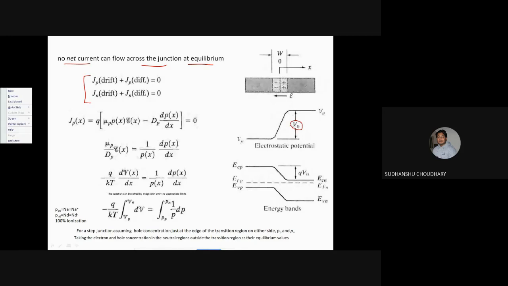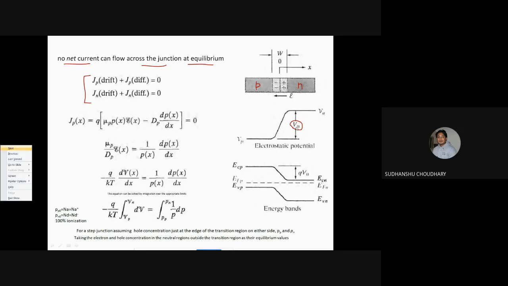Obviously this built-in potential V naught will be dependent on the device parameters, and the device parameters would be simply the doping concentrations of P and N regions. So the electrostatic potential, electric field, and everything in fact depends on the doping concentration of P-type and N-type regions.